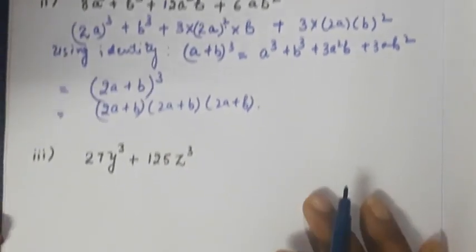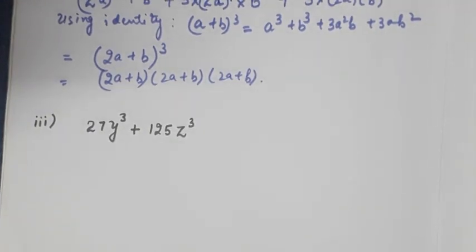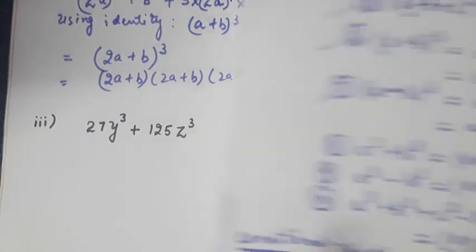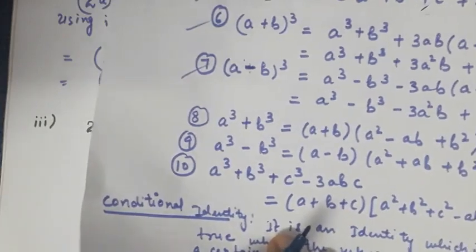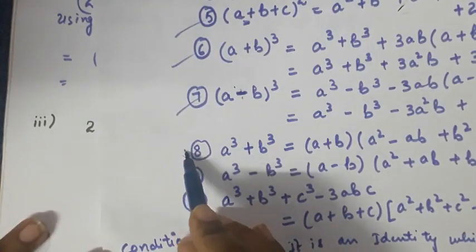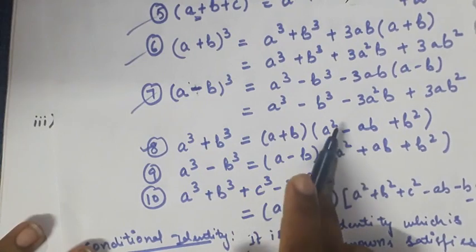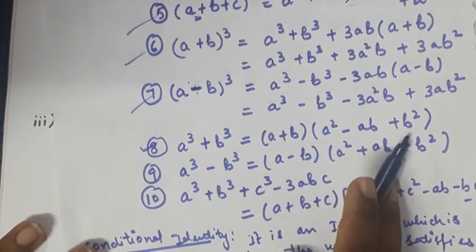Okay, now let's move to the third part, that is 27y cube plus 125z cube. As this question is a little bit related with the identity number 8, that is a cube plus b cube, which is equal to a plus b, a square minus ab plus b square.